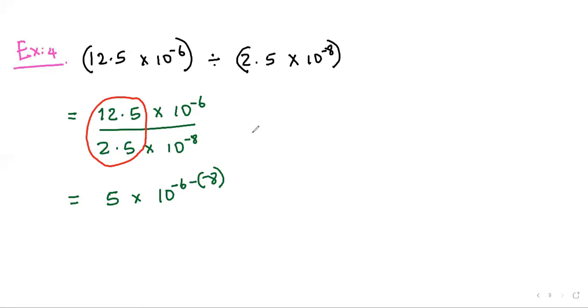Okay, remember this will give you a plus, minus, and minus. So you will get 5 times 10 to the power of negative 6 plus 8. So that you get 5 times 10 to the power of 2. So this will be our final answer. So I hope that you have understood this very well.